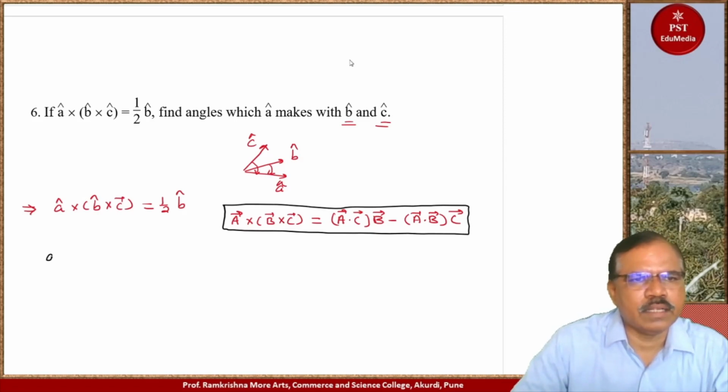So we can write here A cross B cross C. These are unit vectors.